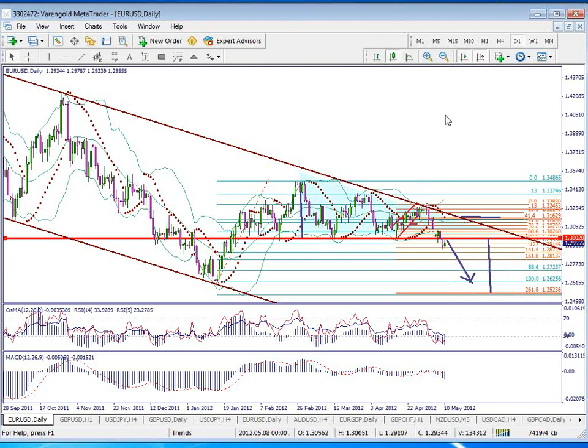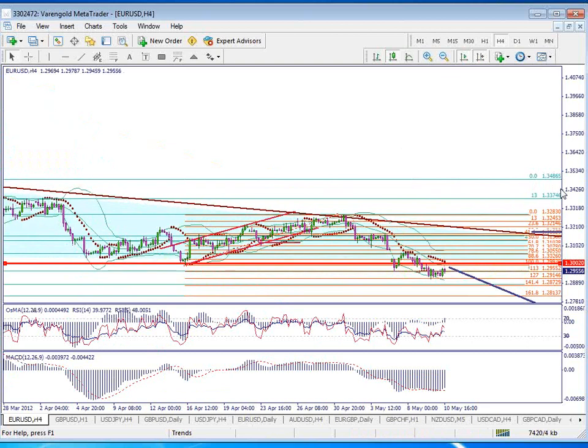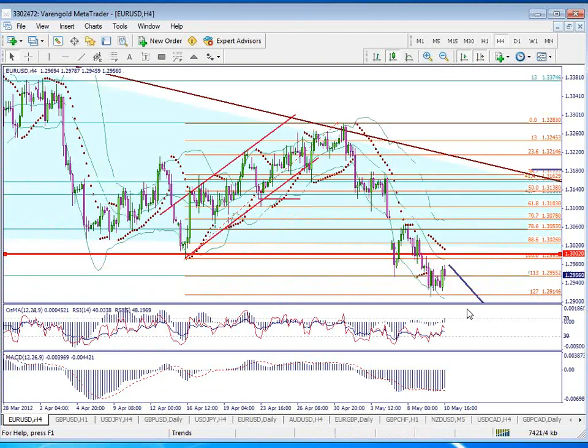So to feel more comfortable when we are going into one trade like this, it is better to go on smaller time frames like 4 hours and just wait for the signal for sell. Here, as you can see, we had one signal for buy.